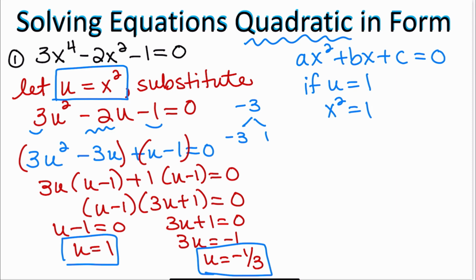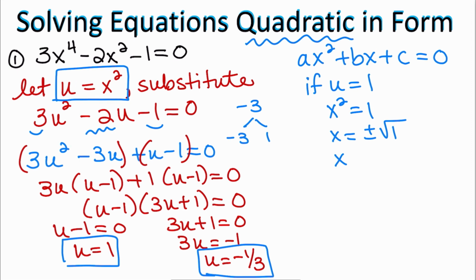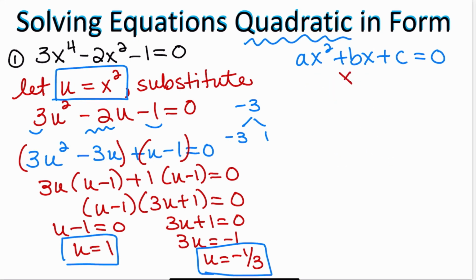And so by the square root property, I can take the plus or minus square root of 1. So x is equal to plus or minus 1. So that means that so far I have x equals plus or minus 1 as 2 answers to this polynomial equation. Let's go ahead and continue to find the other 2 answers.